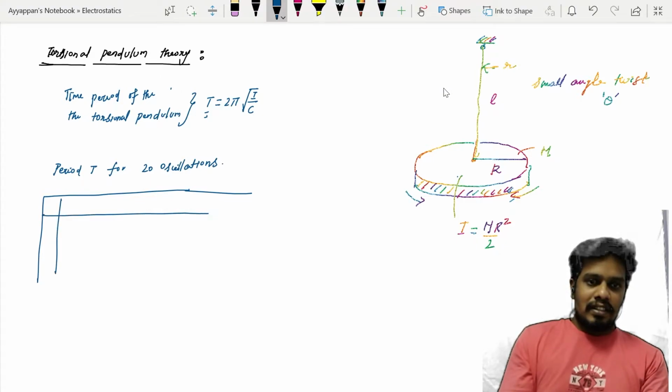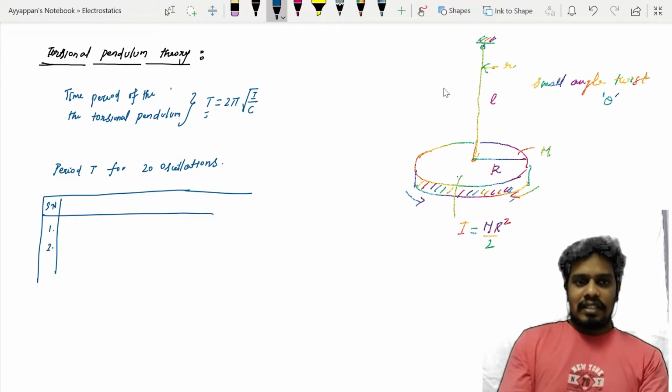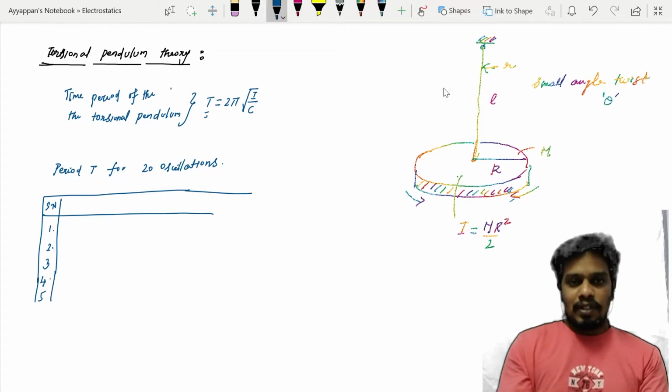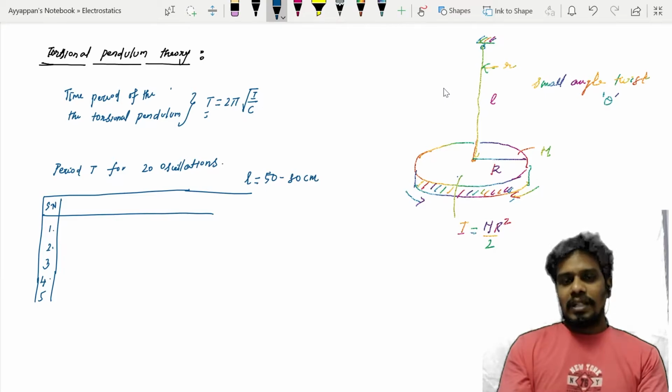Initially, in the first column, the serial number, you take the first trial, second trial, third trial, fourth trial, as well as the fifth trial. Maybe you can repeat the experiment 5 times. Before that, you need to fix the length of the wire. Maybe you can fix 50 to 80 centimeters, or for a better result, 50 to 70 centimeters.